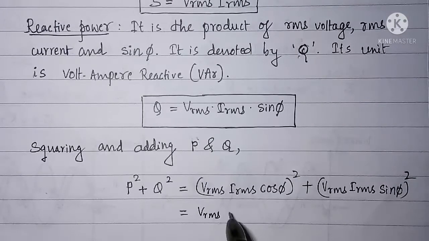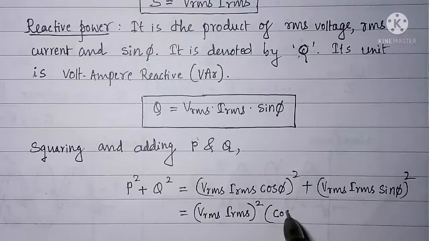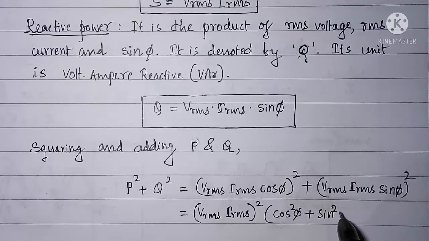So Vrms into Irms whole square, inside the bracket cos square phi plus sin square phi.